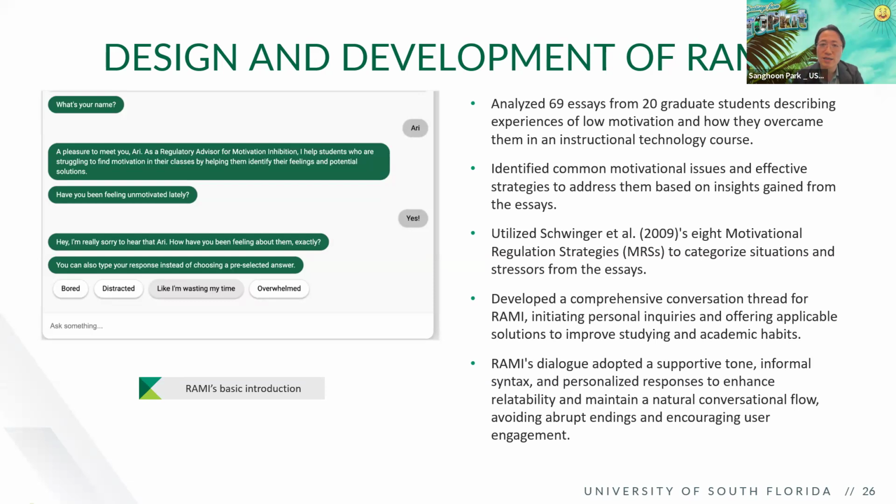And then it follows the 8 motivation regulation strategies. So at the end of the communication with the chatbot, Rami, students can identify the motivation problems that they are experiencing, and what will be some potential ways to solve that problem. And this is all in addition to the online course that we created with the motivationally enhanced strategies.